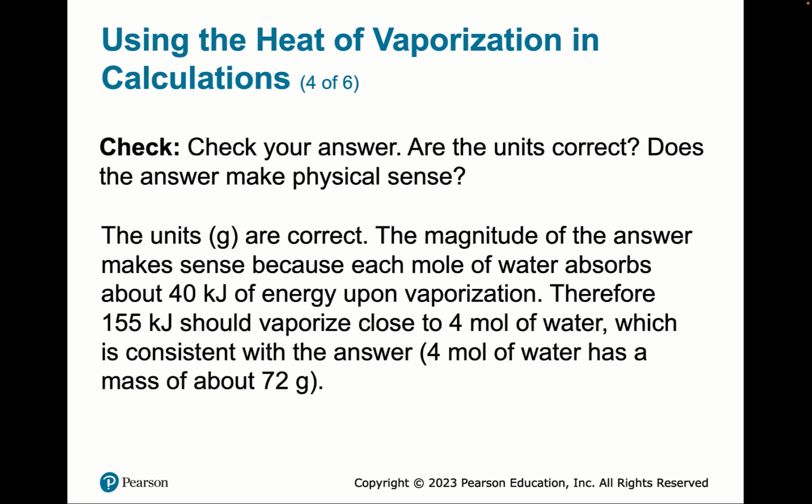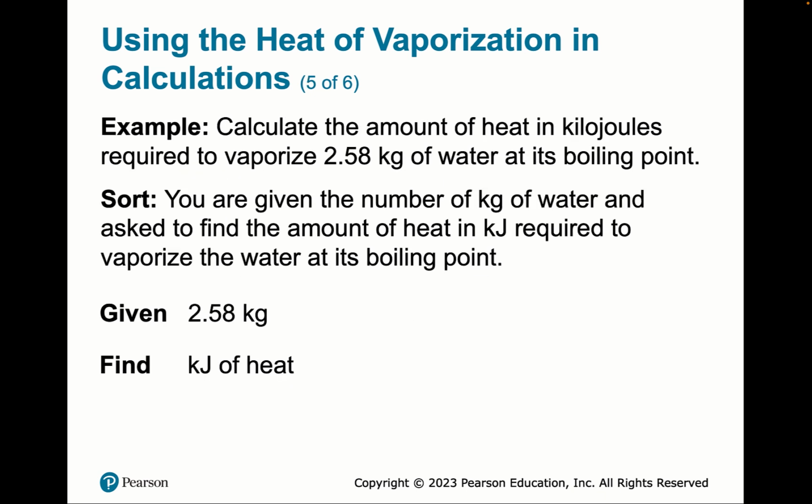It's going to be around 3 or 4 moles, and at 18 grams, that's going to be 60 to 80-ish grams. So yes, that makes sense. This is how you can check your answers, by thinking about them and seeing what ranges you're at.